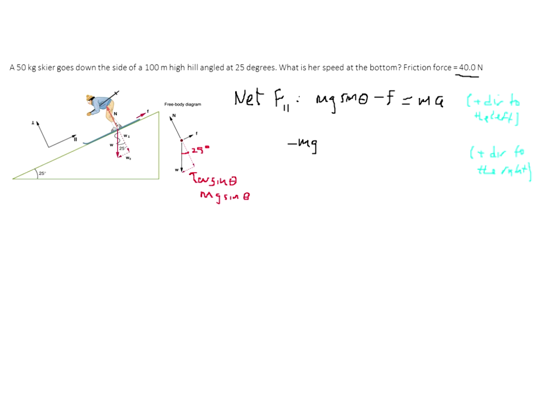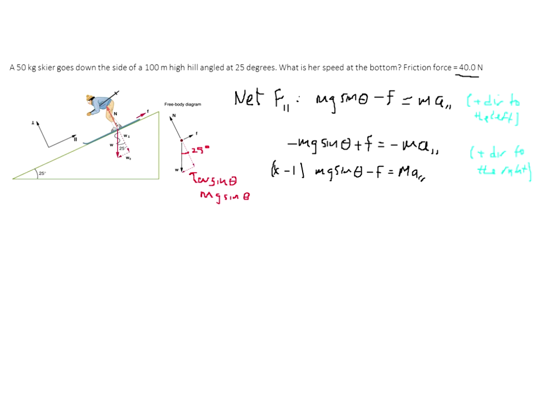So now we'd have negative mg sine theta plus F equals, and in this case, the acceleration is in the opposite direction, so we could say that's negative, and then if we multiply through by -1, we get mg sine theta minus F equals m A parallel.